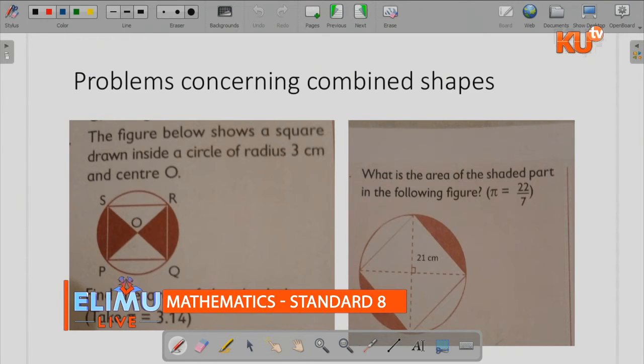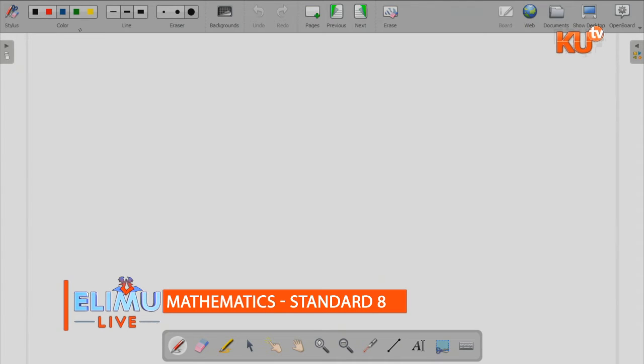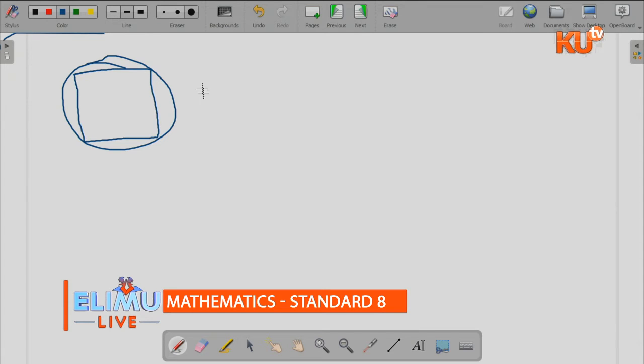If we have a question like this one here, if this is the circle, then this is a square. The square is inside the circle. This shape, this one here, has no formula.